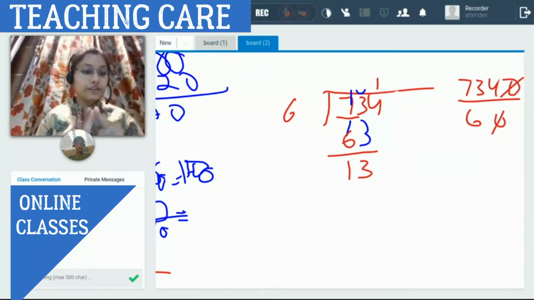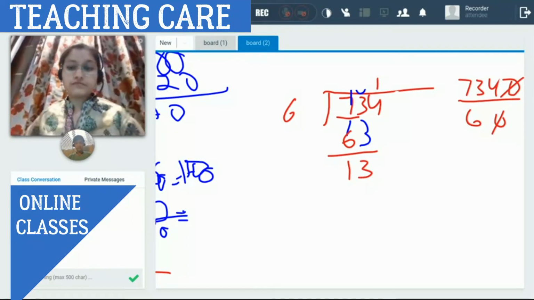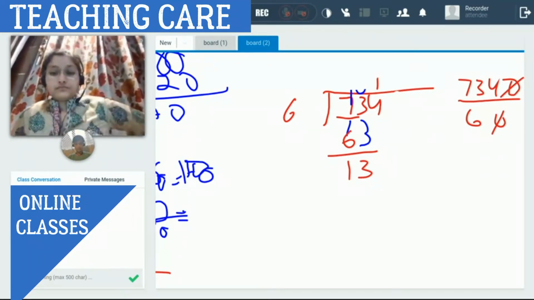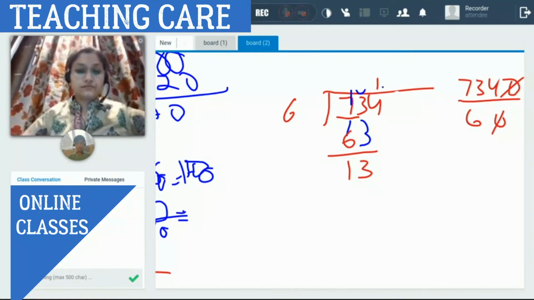In the last one, I took the 2 digits together because the first number was less than 6. No point here. Point is when we are short of the numbers.